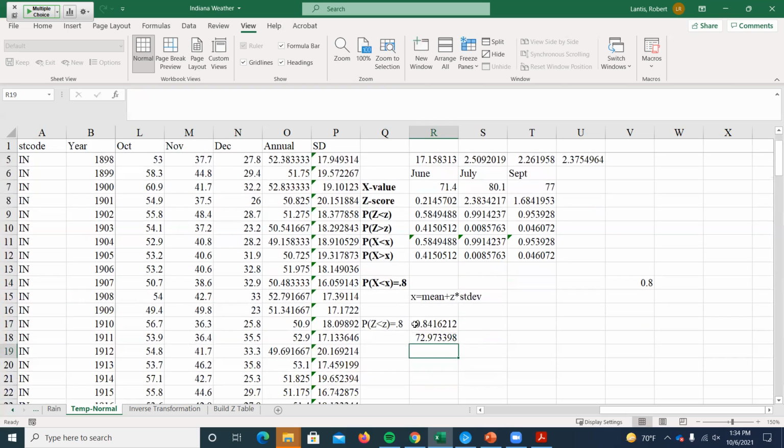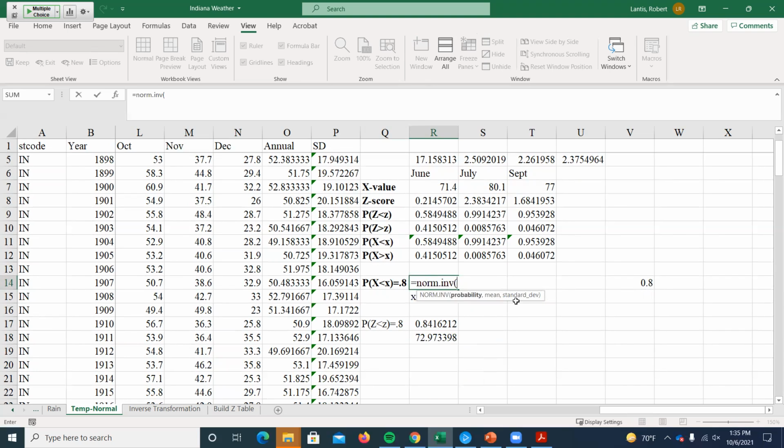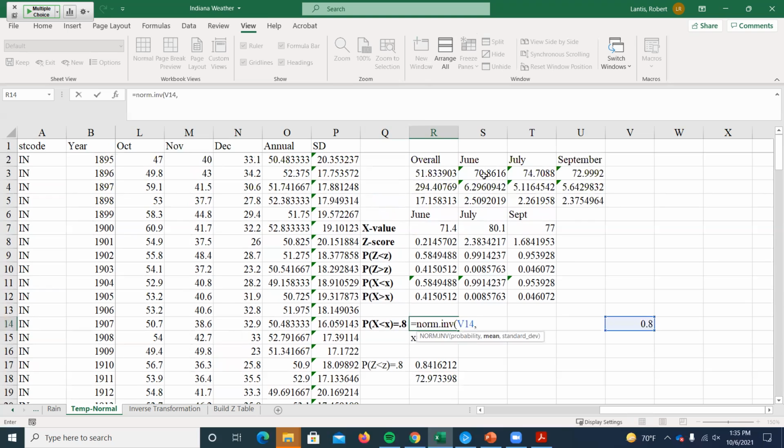Now, I could have also skipped these intermediate steps. Just like when we had norm.s.dist, and I said you can skip calculating the z-score by just using norm.dist, we also have norm.inv. So this norm.inv, you still tell it the area you want to the left, or that probability that you're interested in, comma, what was the mean for that variable, comma, what was the standard deviation for that variable.